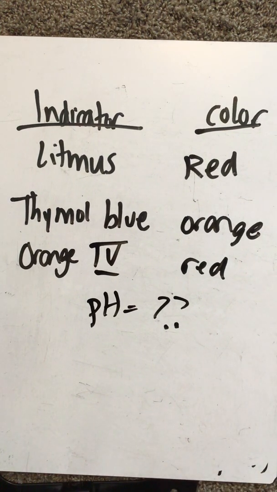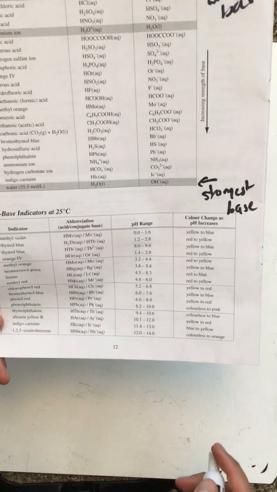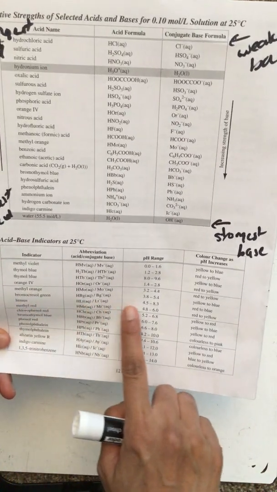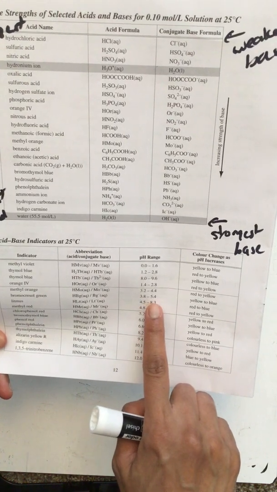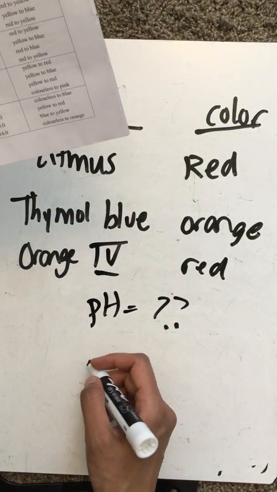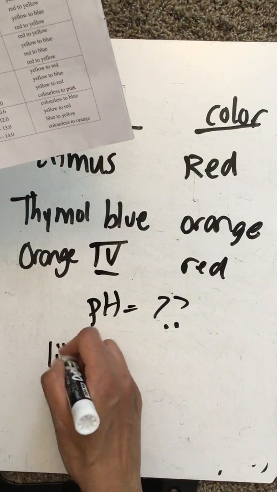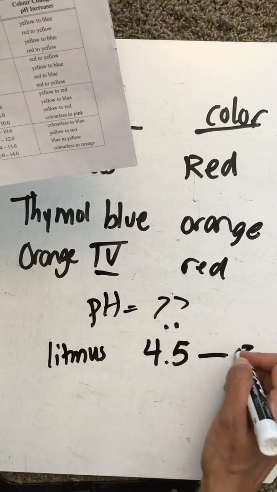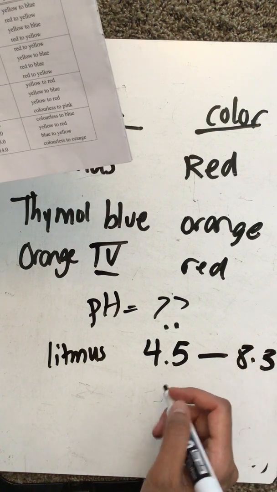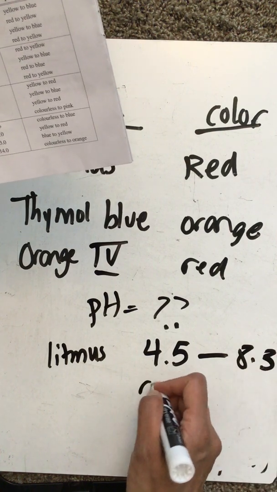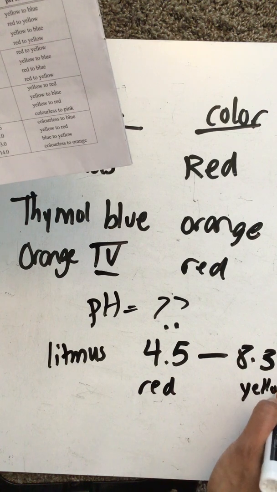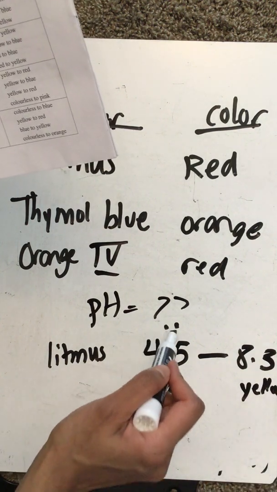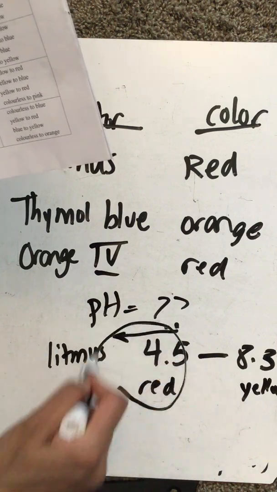Then I look at my table and take a look at litmus. Here's litmus, and it has a pH range between 4.5 and 8.3, and it goes from being red to yellow. Anything less than 4.5 will be red.